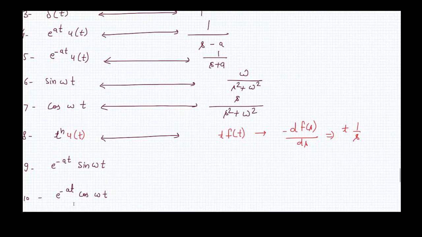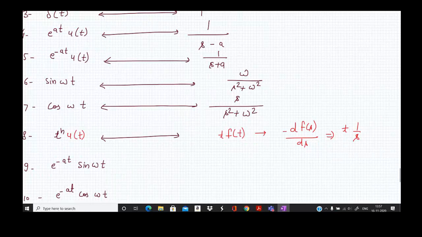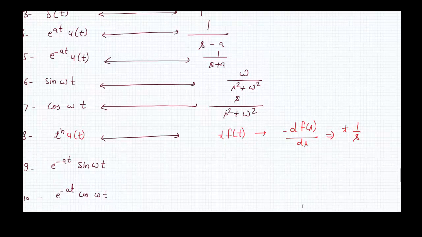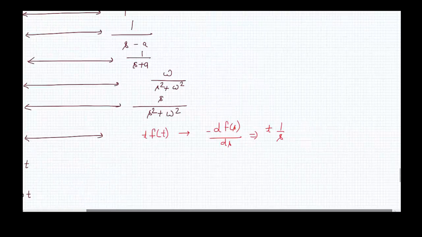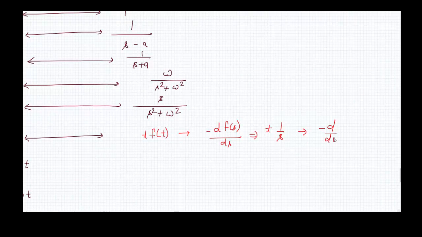So what we do? t times the Laplace transform of u(t), which is 1 upon s. And what do we do when t is there? It is minus d/ds of capital F(s), that is 1/s.